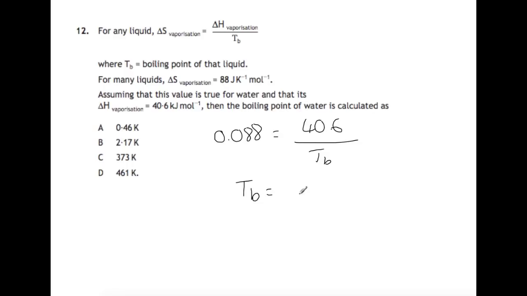If we then rearrange, we find that the boiling point of water using this equation is 461 Kelvin, which is D. The other values are there to throw you, and you would be able to get any of the values using different ways of using the equation. 373 is what you would maybe expect it to be, and the other values you would be able to get by using 88 joules instead of kilojoules. So be careful with the equations.